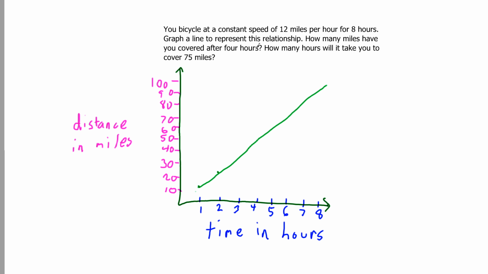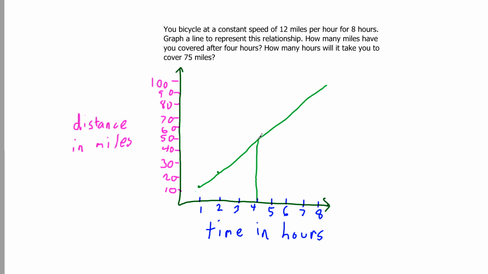How many miles have you covered after 4 hours? So we know how many hours we've been traveling, and we want to know how many miles we've gone. So we find 4 on the x-axis down here, go straight up. It's not very straight. Let's go a little straighter if I can.